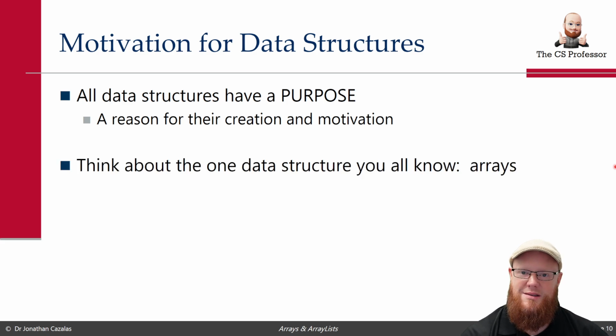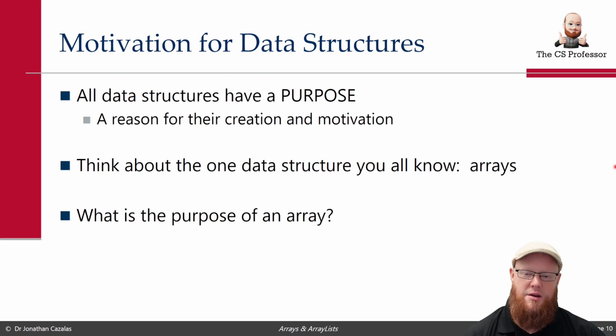Think about arrays as the one data structure we already know. What's the purpose of an array? Pause the video. Think about that. Why was an array created? Think about before we had arrays, something had to motivate that. Why would we have created an array?